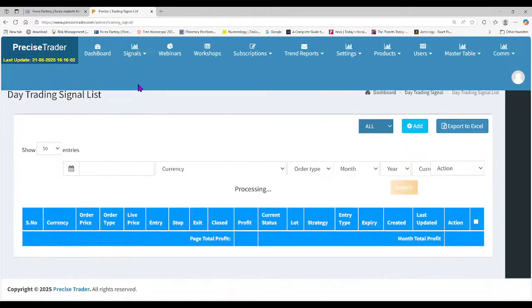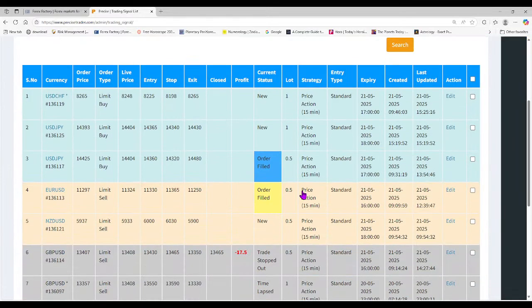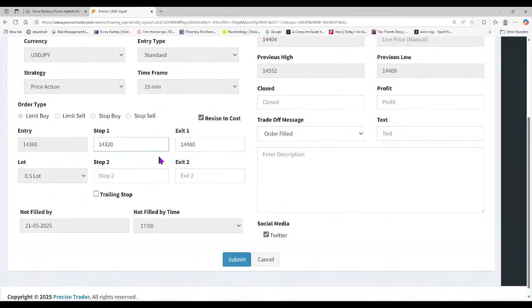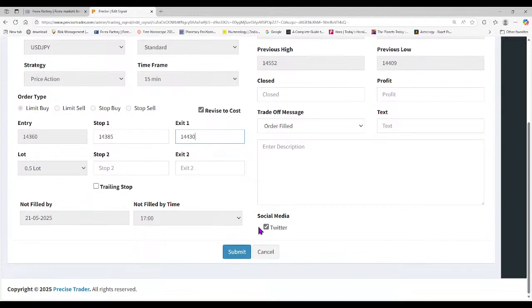Then the next trade. Since I have entered at 43.60, what I'm going to do is raise this to 43.85, and this one I want to exit at 30.